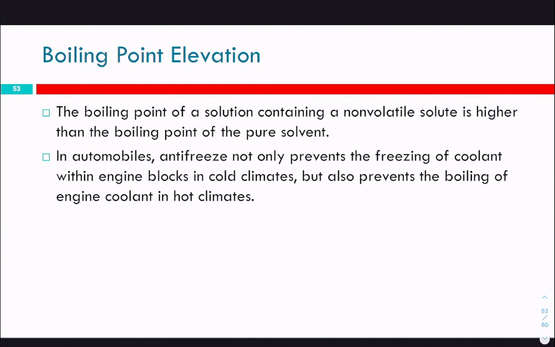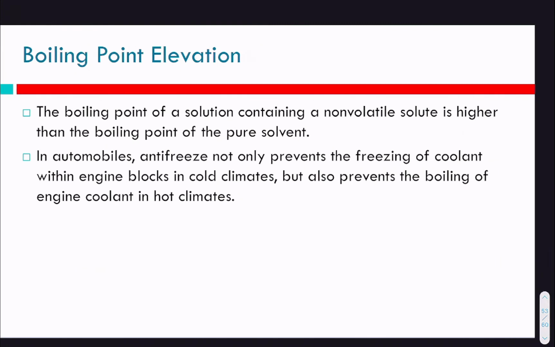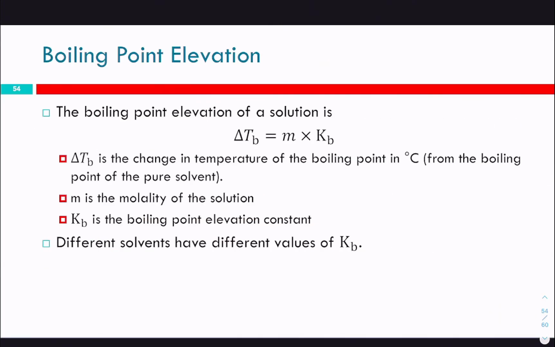Boiling point elevation is, again, where you're taking a non-volatile solute, like salt in pasta water, and you're increasing the boiling point by adding that solute. So antifreeze also increases the boiling point of your engine coolant. Look at that. The equation's the same.